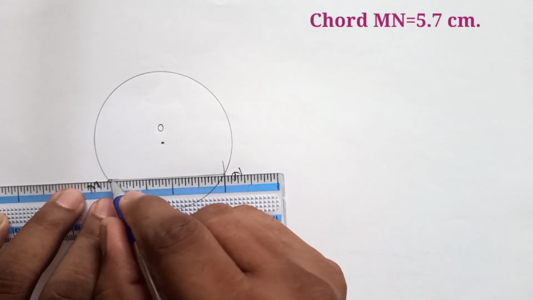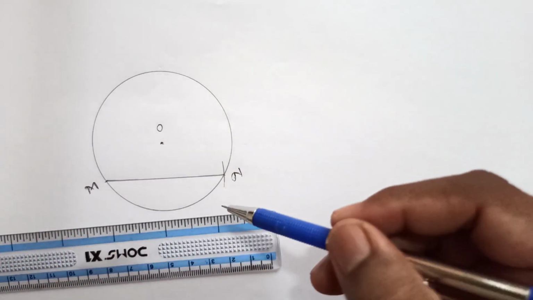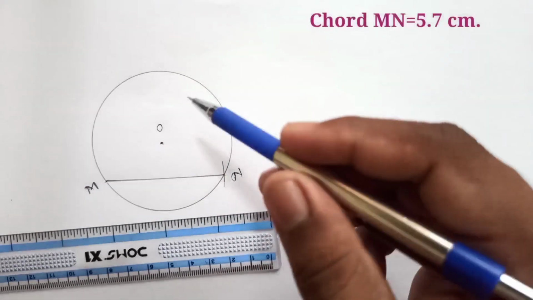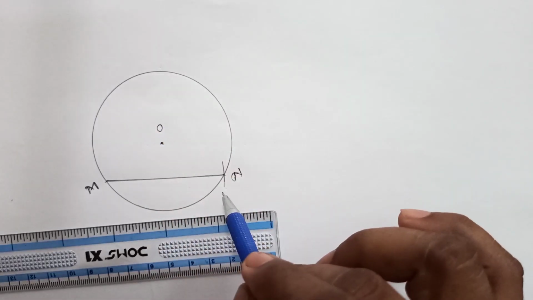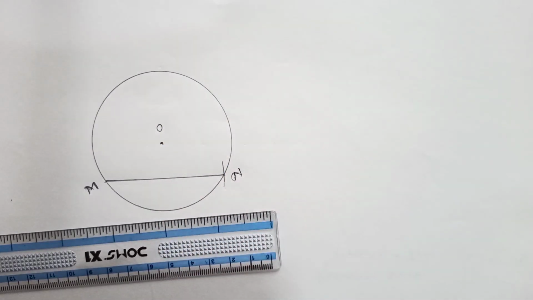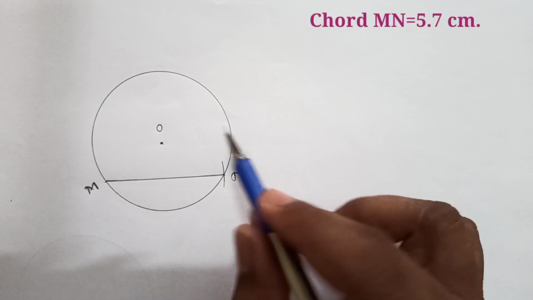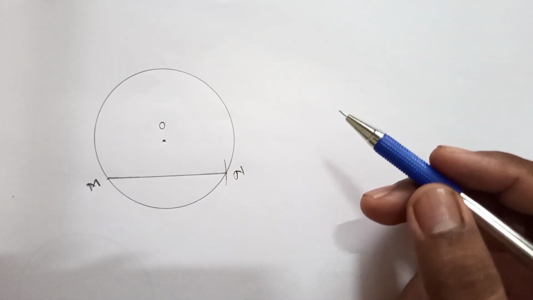If you want to use the center of a circle, you can use it, or if you don't want to use the center of a circle, you can take one more point here, make that angle like this way, and use the same construction without using the center of a circle. Okay, in this case we are going to use the center of a circle. So we know how to use that center of a circle.